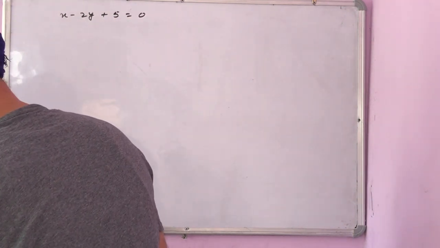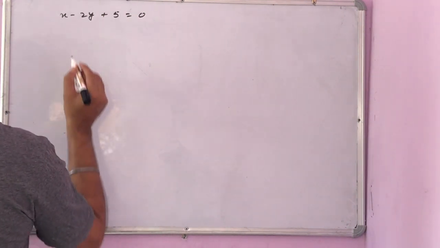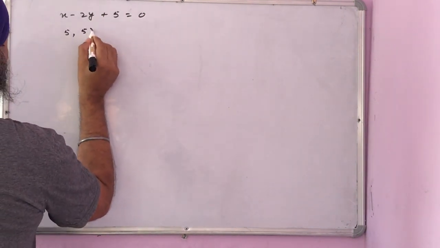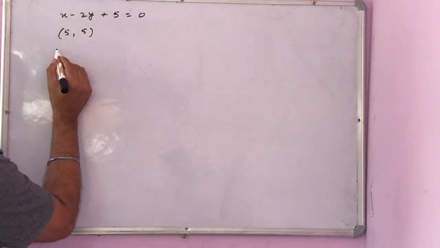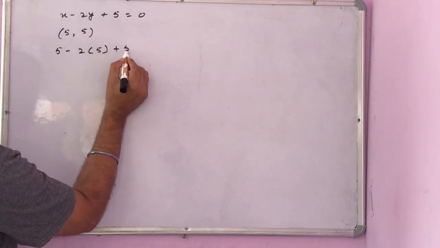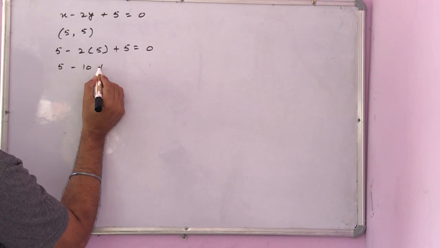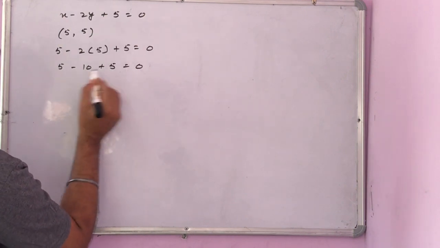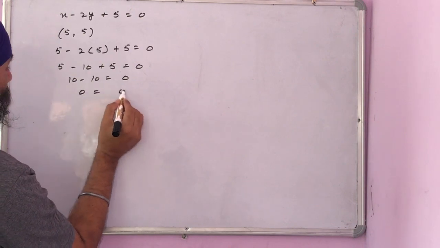One part I do. Suppose I have to find whether (5, 5) lies on this line or not. This is for x, this is for y. 5 minus 2 into 5 plus 5 is equal to 0. 5 minus 10 plus 5 equal to 0. 10 minus 10 equal to 0. 0 is equal to 0.